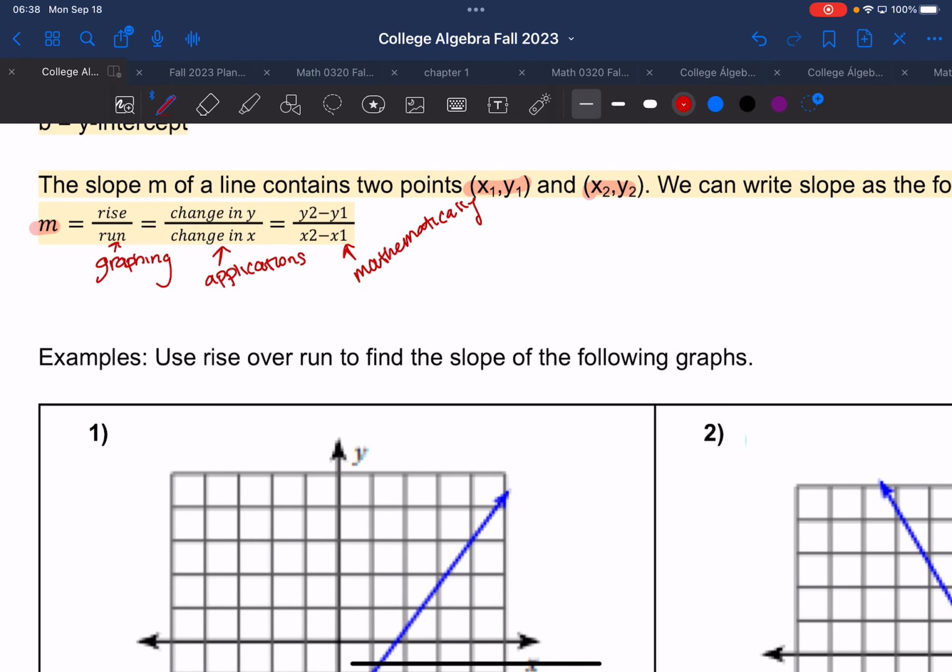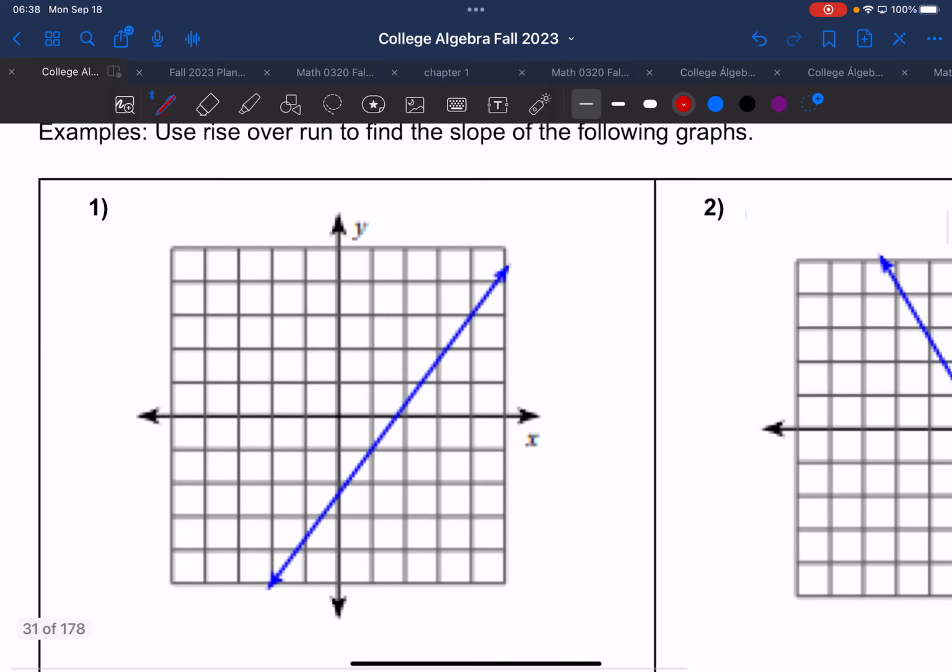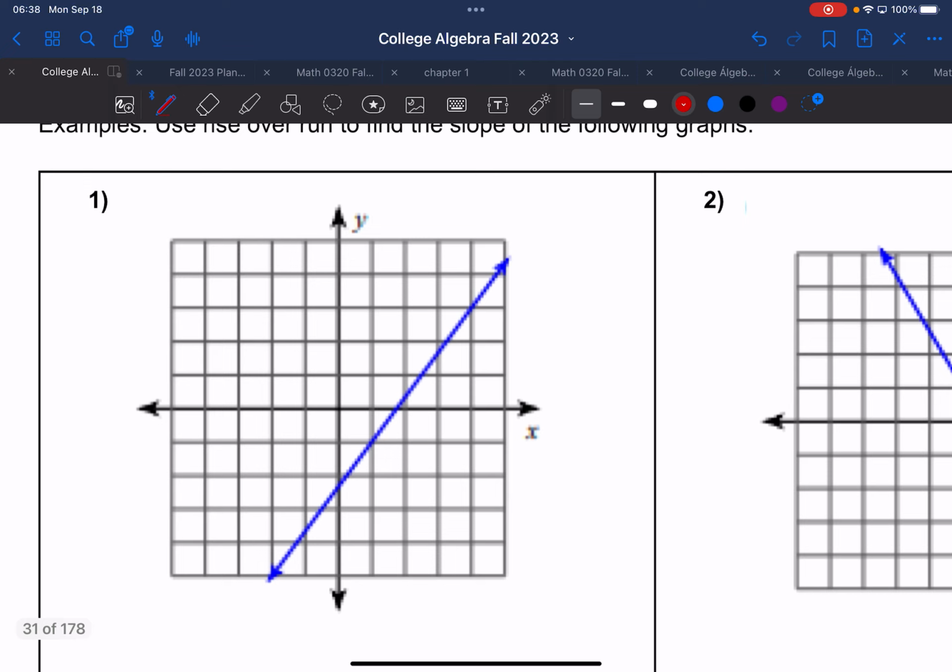So the first examples we're going to go through is we're going to be using that rise over run to find the slope on graphs. Okay. So looking at the first example, before we can find the slope, we're going to have to find 2 perfect points. And what I mean by perfect points is that it is a point where our graph crosses this grid at a corner.